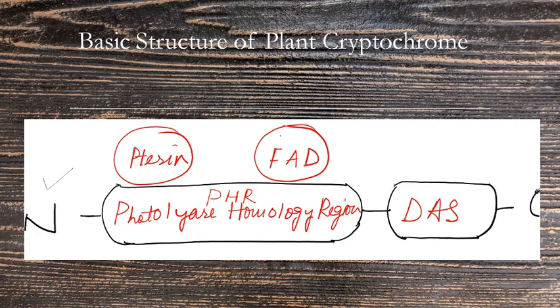And actually, scientists studied this basic structure mostly on various types of model organisms. In this case, the model organism is known as Arabidopsis. Arabidopsis thaliana is a member of the Brassicaceae or Cruciferae or the mustard family.